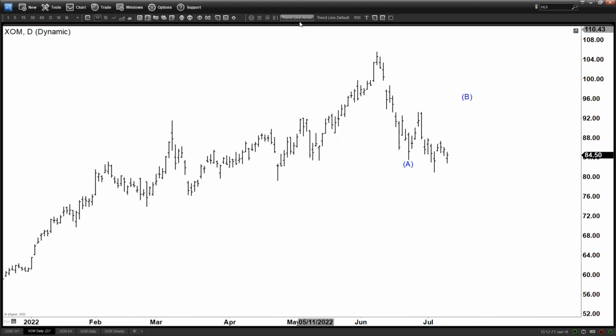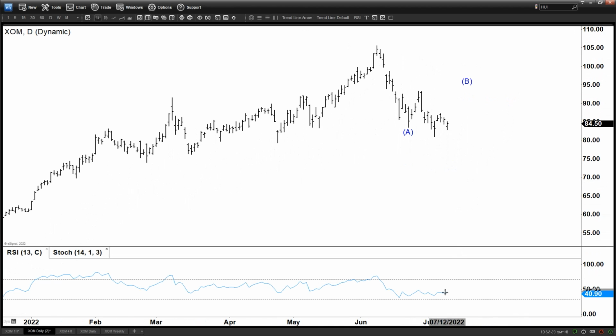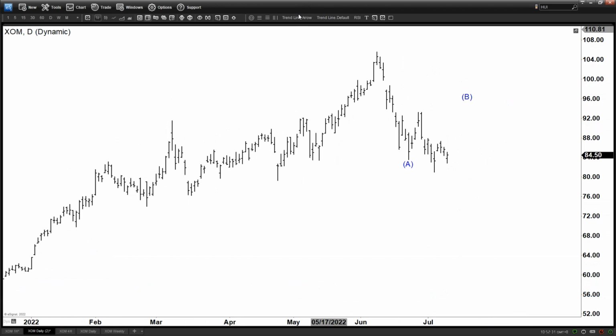Now the other scenario with a divergence here is doing a flat. We can have an A, B, and then C expanded flat. In that case, we will have 1, 2, 3, 4, 5.